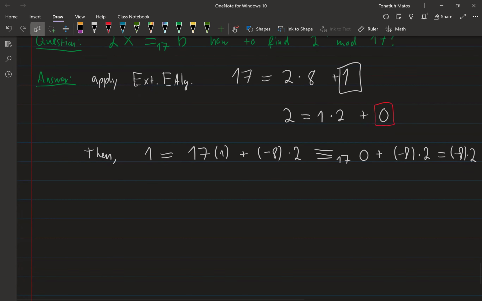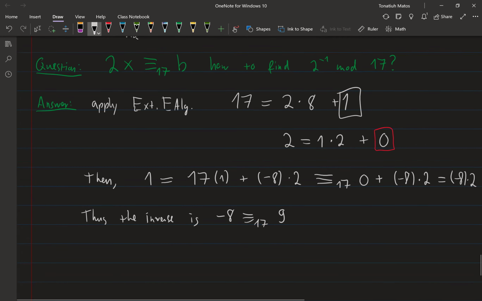So I found a number that when multiplied times 2 gives me 1 mod 17. Thus, the inverse is minus 8. Now, minus 8 is a weird way of writing this, so typically people will say this is 9. We find a positive number that satisfies this. Is it 9, or did I mess this up? 2 times 9 is 18. Yeah, of course, it's 1 mod 17.